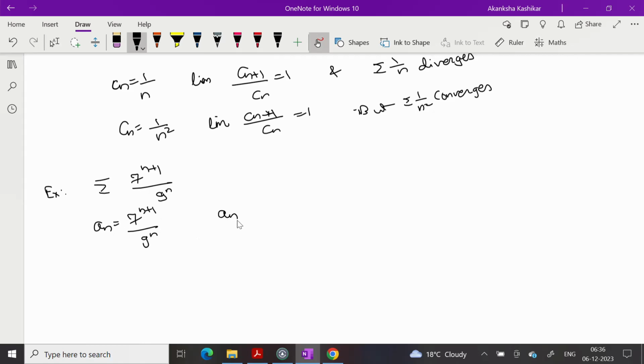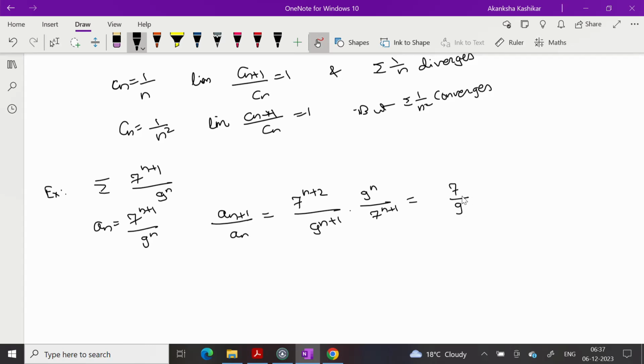So an plus 1 upon an would mean an plus 1 will be 7 raised to n plus 2 divided by 9 raised to n plus 1, into 9 raised to n divided by 7 raised to n plus 1. So the powers of n cancel, 7 remains and then upon 9.